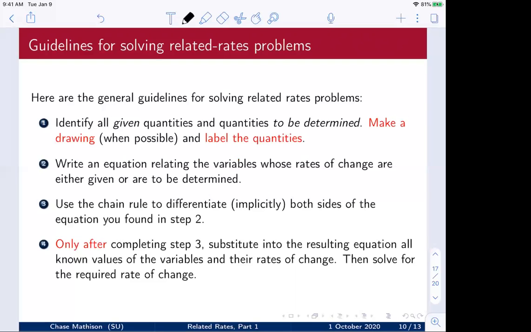If something's changing with time, you have to differentiate first, then plug in to see how it's changing with time at that moment. So these are the 4 steps. Every single related rates problem, you're going to go through these 4 steps. It's never going to change.